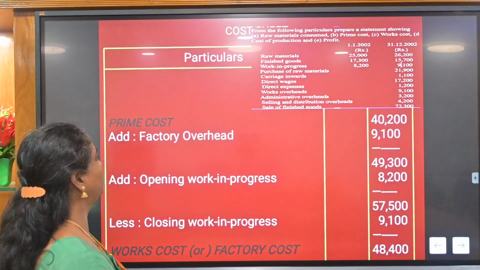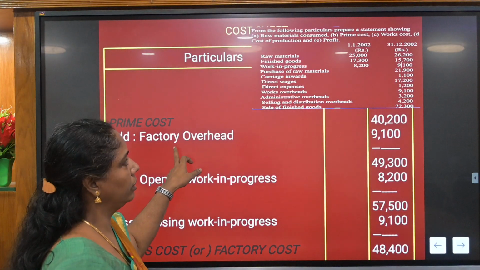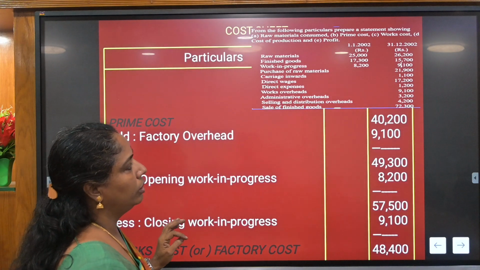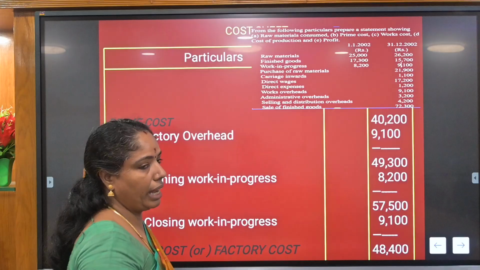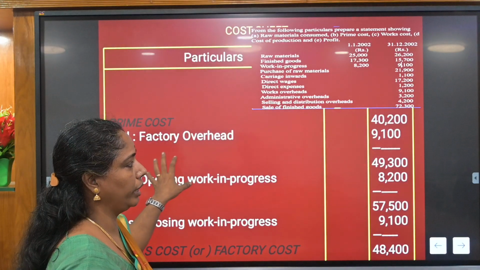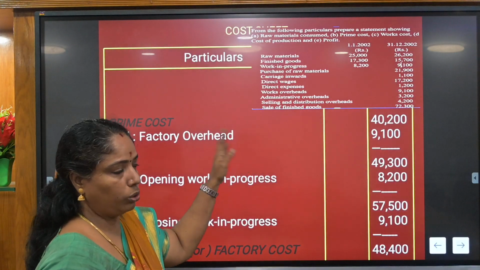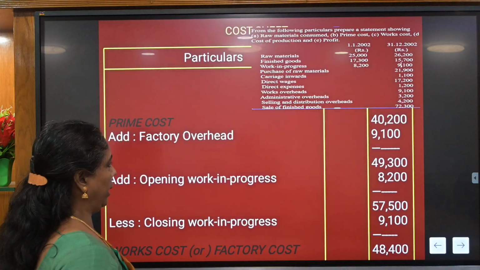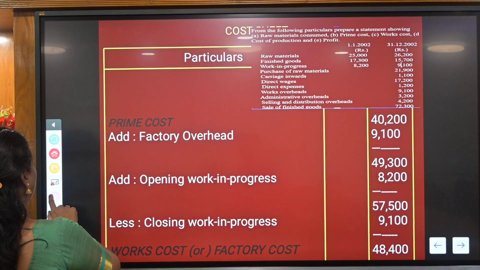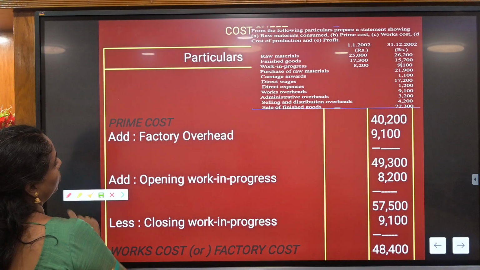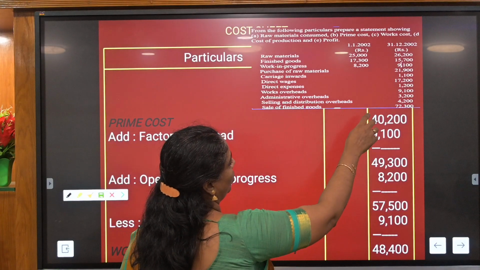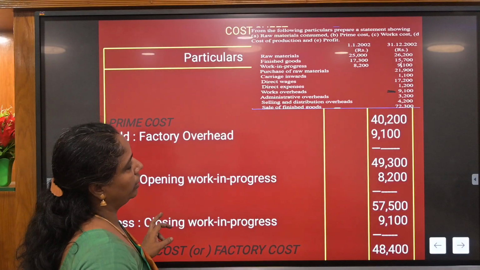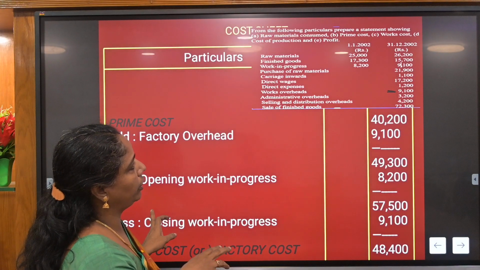Next step, we have to add factory overheads. Here the information is given directly, so there is no further information. If we have further information, we have to work it out in the inner column, then transfer the amount to the outer column. Here they give works overhead, which is otherwise known as factory overhead, and the amount is 9,100. Then, is there any information related to factory overhead?